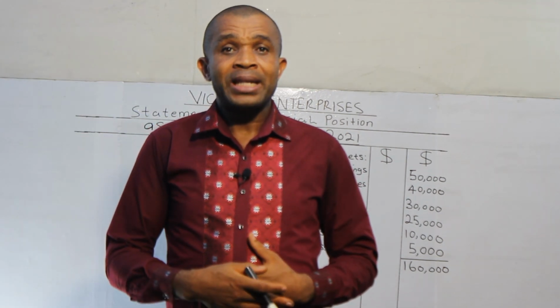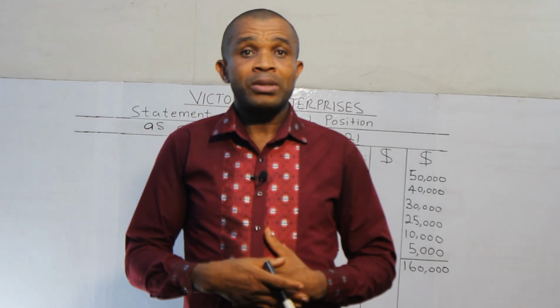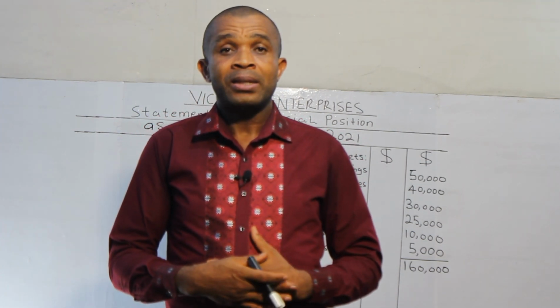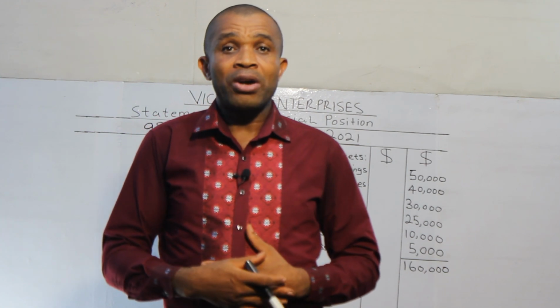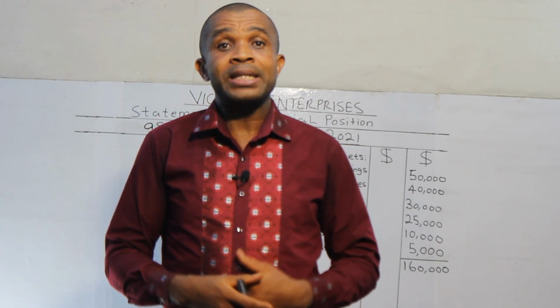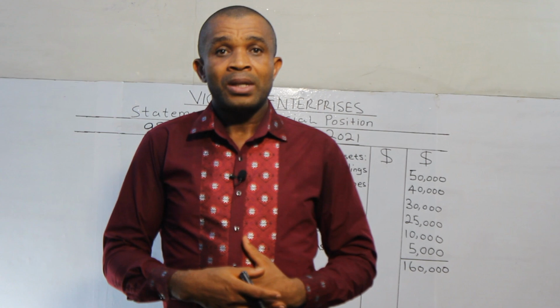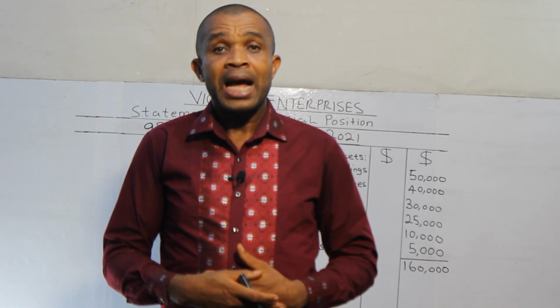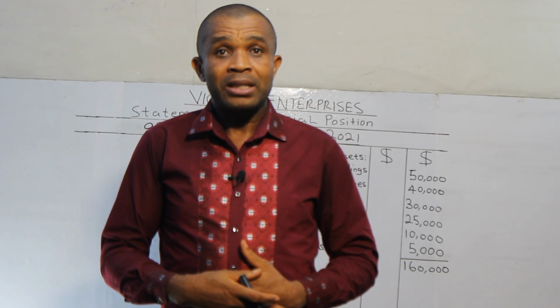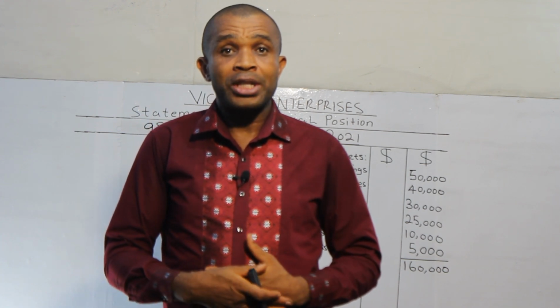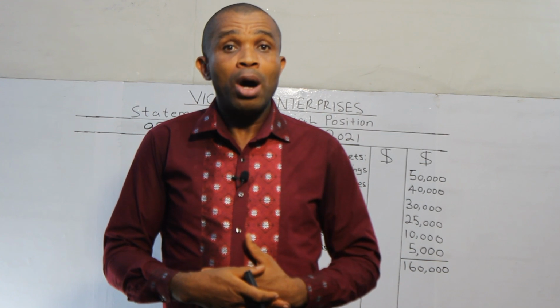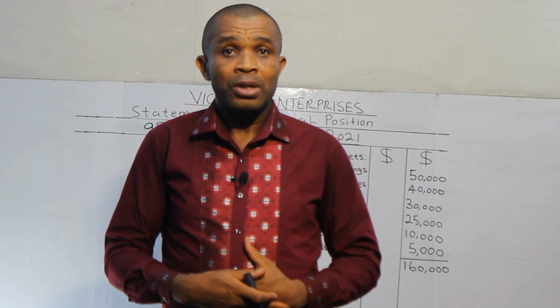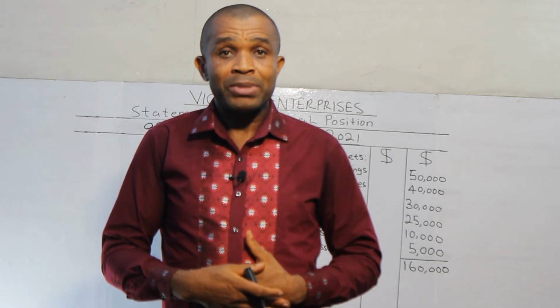It should be noted that some other items might be included alongside the current assets and the non-current assets. There could also be adjustments on depreciation and other areas. But as we progress in our studies, we shall come to know more about these adjustments and these other items.